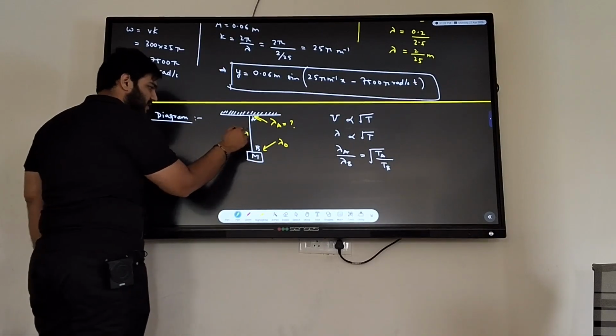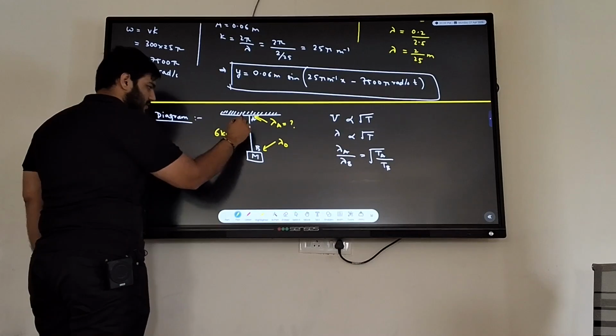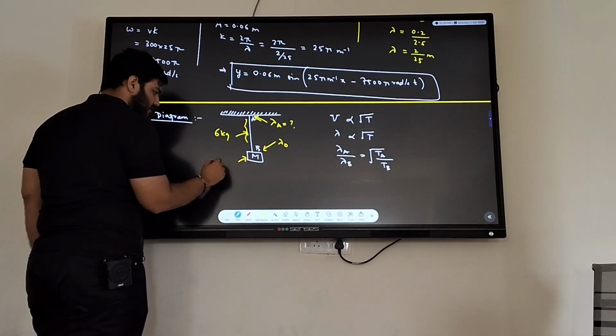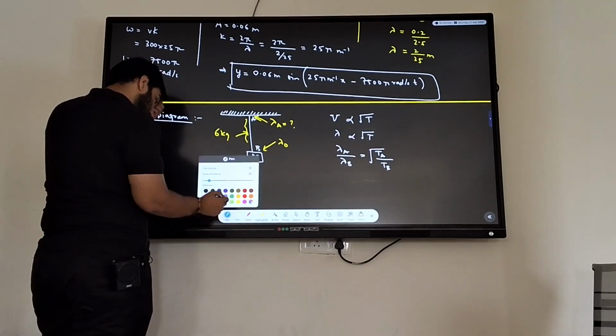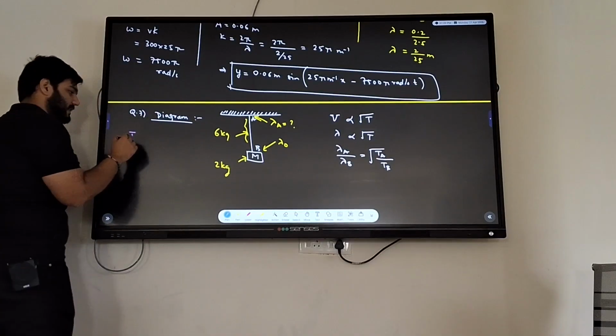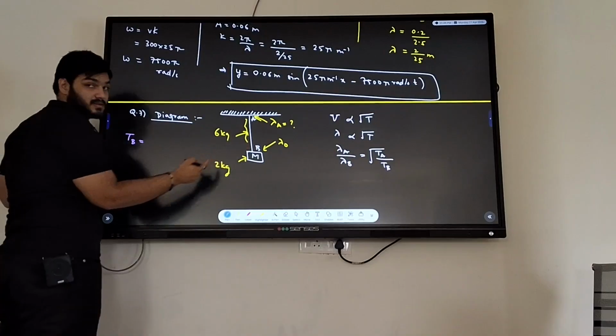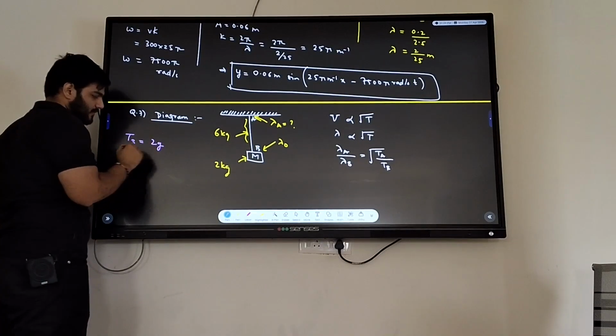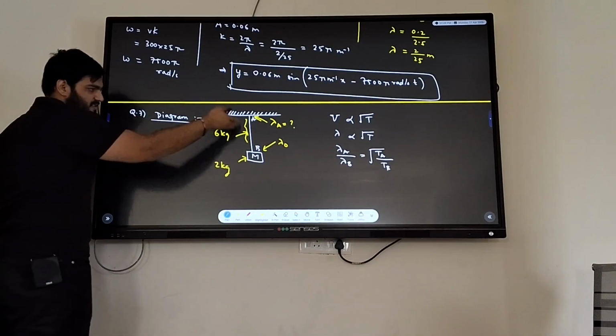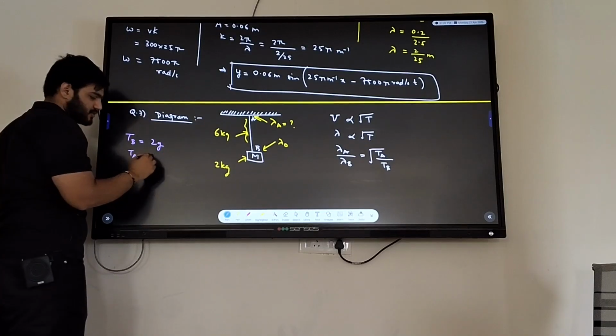What will be the tension at point B? What is the mass here? There is 6 kg of the whole thing. And what is the mass here? 2 kg. So what should be the tension? Can somebody tell me? TB is 2g. What should be TA? How much mass is hanging? 8. That should be 8g.